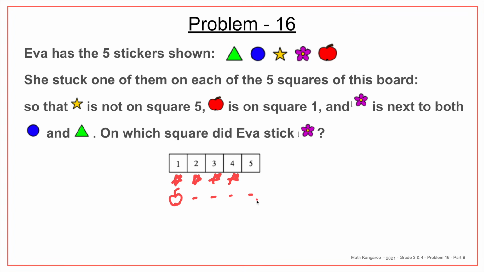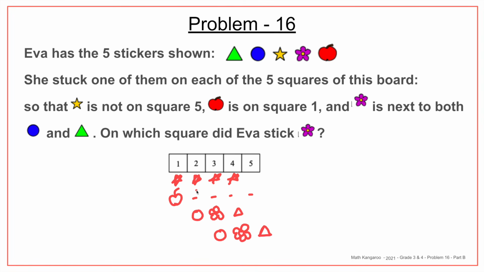And flower is next to both circle and triangle. So flower needs to be here for first case. So that a circle or a triangle could come here. Or flower could be here on spot 4. So that circle can come on spot 3 and triangle can come on this.